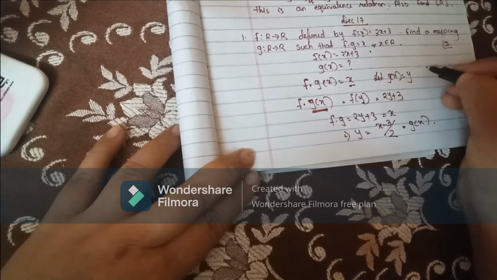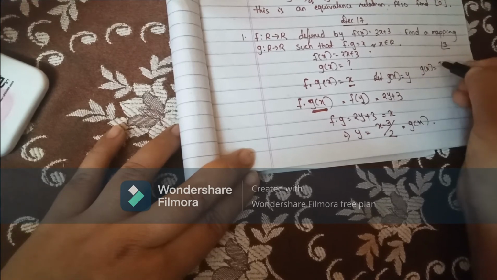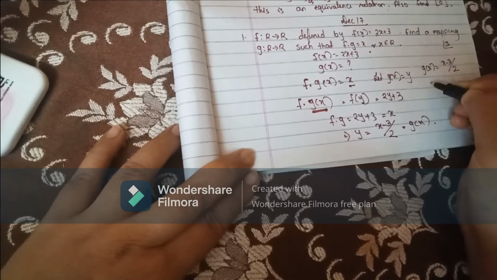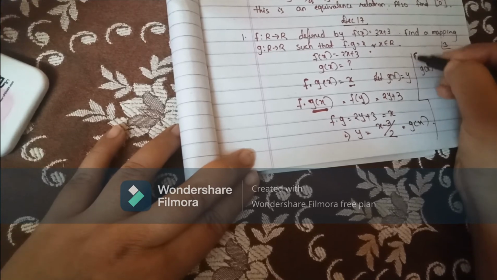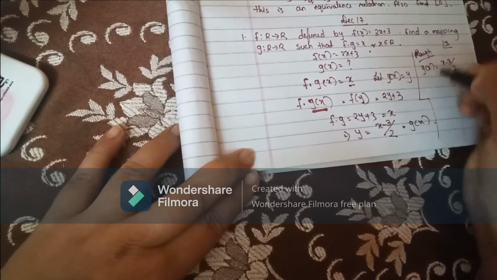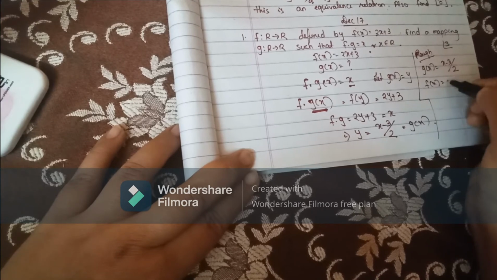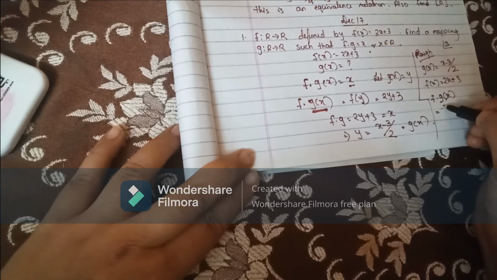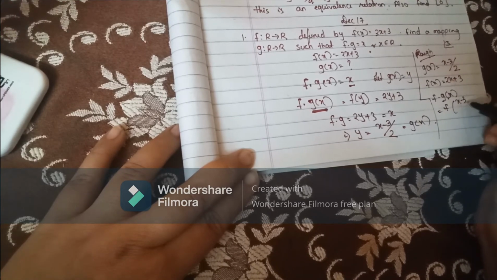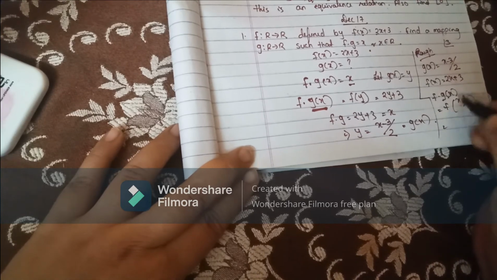You can also cross check it, as g of x has been given as x minus 3 by 2. This is just a cross check, in rough. And f of x is equal to 2x plus 3. So f of g of x is equal to, first g of x is x minus 3 by 2, then this element multiplied by 2 plus 3.